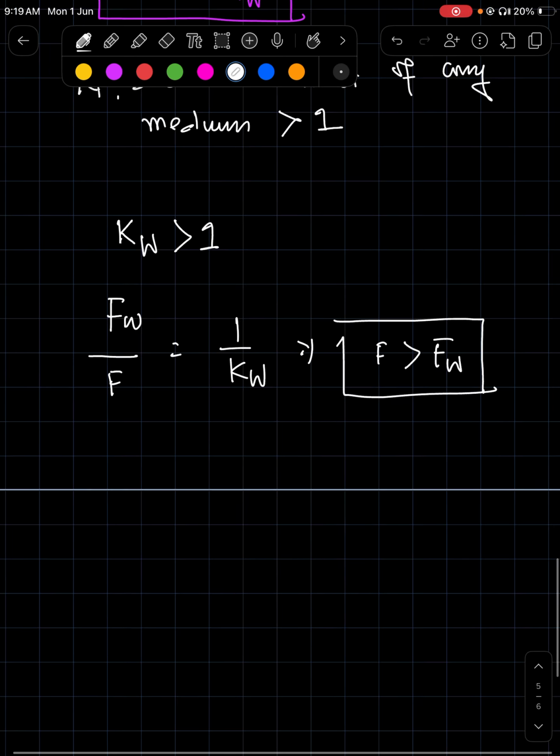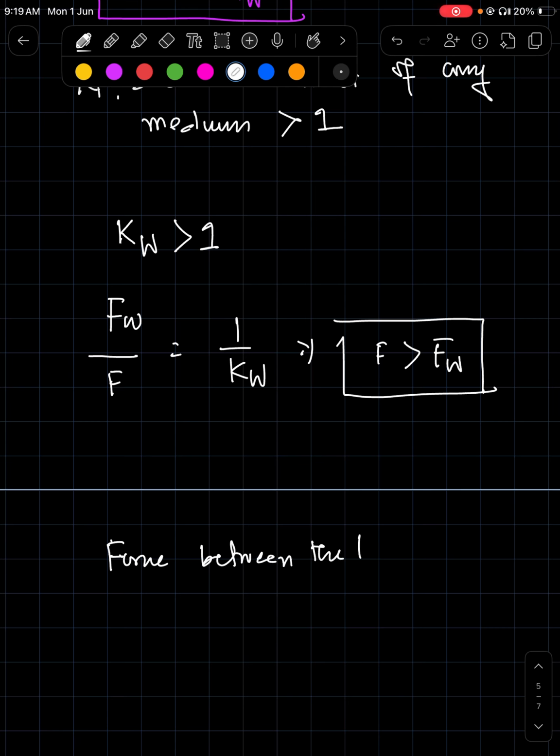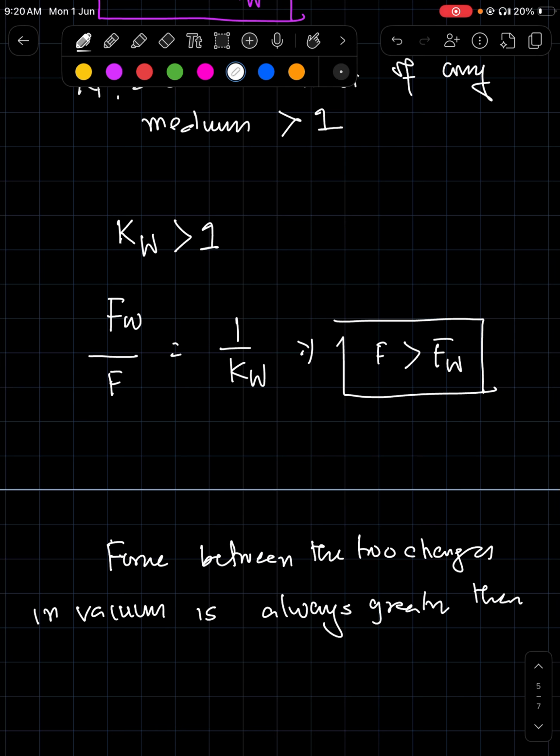What does it mean? It means that the force between the two charges in vacuum is always greater than the force between them in any medium.